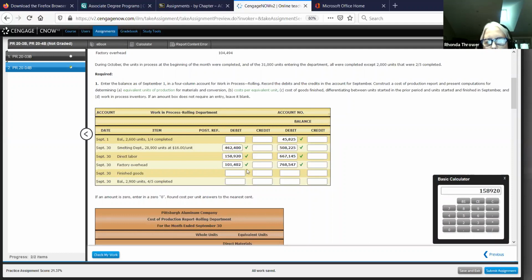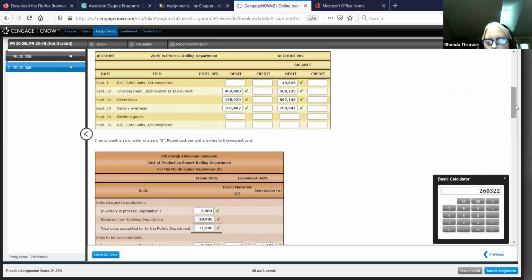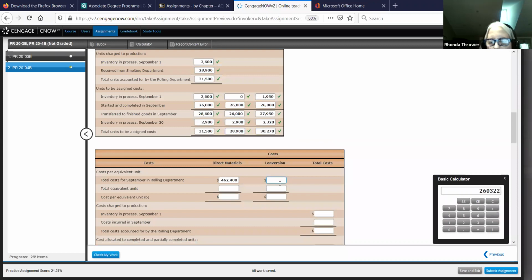We're going to add to that the factory overhead amount that was also given at $101,402. And that's going to give you a total amount for your conversion cost at $260,322. You might want to check your work.